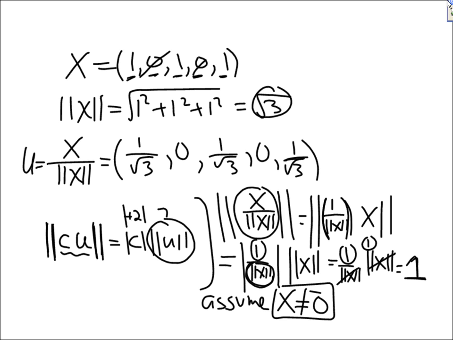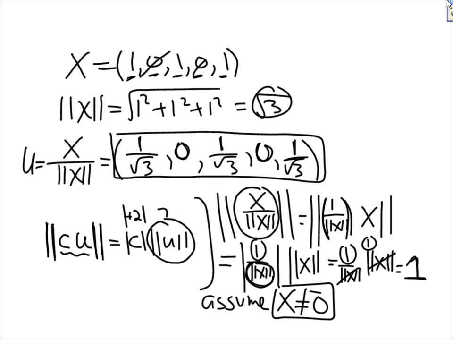So now you don't have to go and show that the length of this is 1. Unless you think the 1, the 0, the 1, the 0, and the 1 are all correct. And there's an understood square root of 3 here. So the only way this is not a unit vector is if we have the wrong length of x.